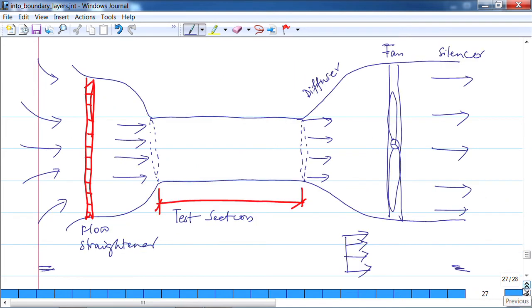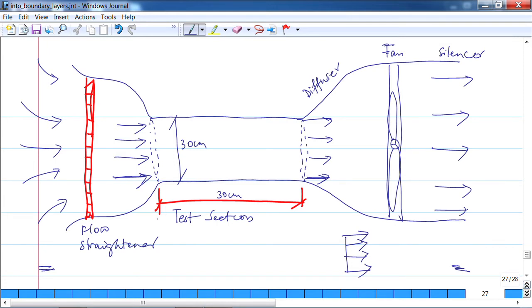So basically what we are saying is that this is 30 centimeters and this length is 30 centimeters. I have a flow which is moving through this, traversing the whole length and coming out of this. So this is the entrance of the test section.